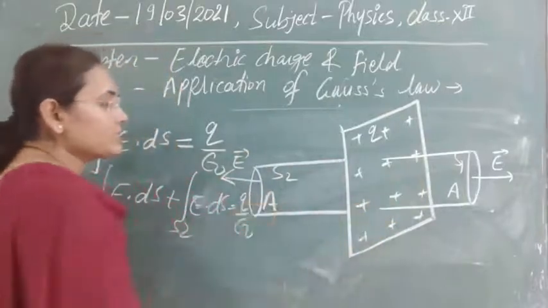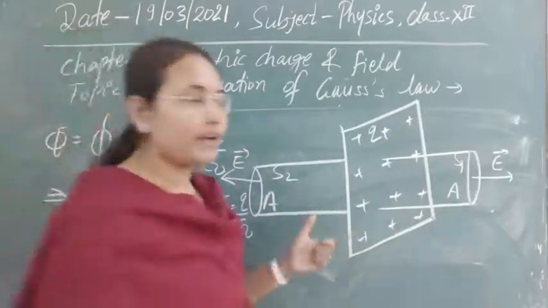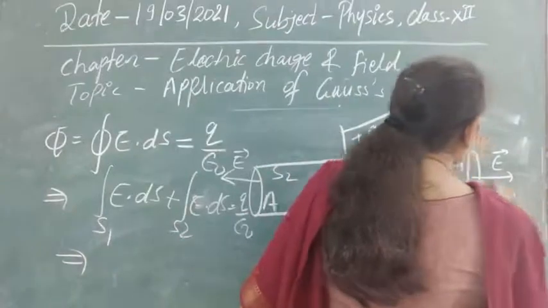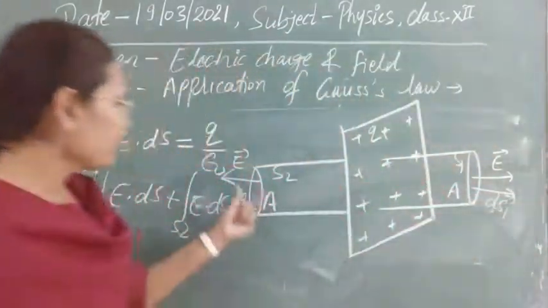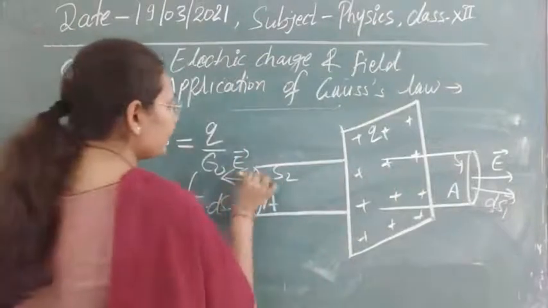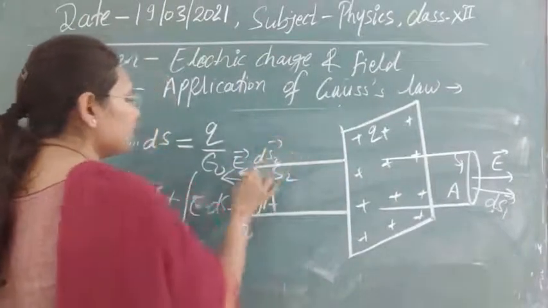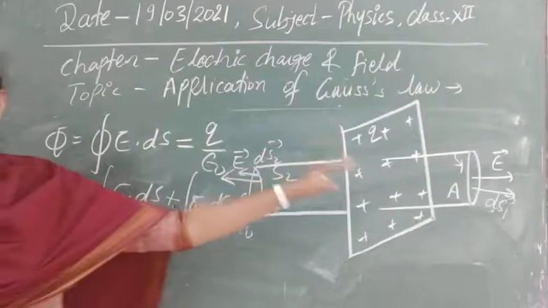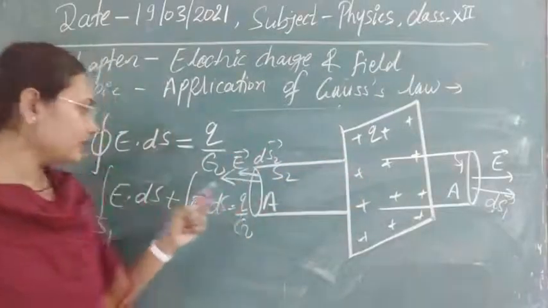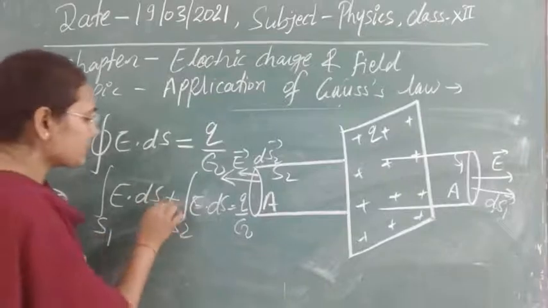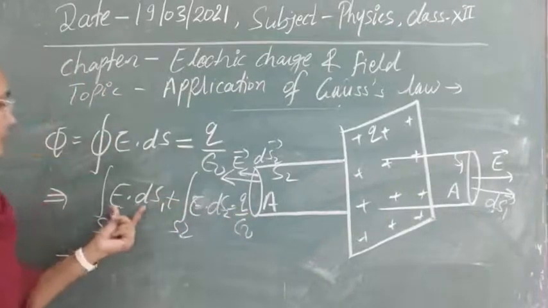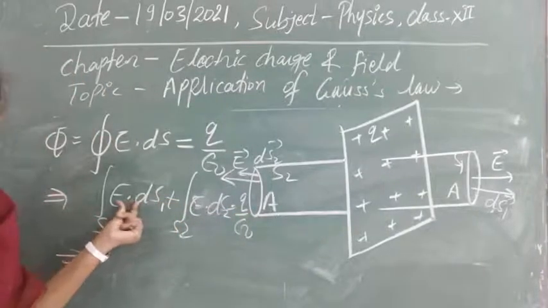And if you see the direction of the area vector in these cases, the direction of area vector ds1 will be in this direction, and the direction of area vector ds2 is in this direction. In both cases the direction of the field is along the area vector, so the angle between them, suppose this is ds1 and ds2 I have taken, is equal to 0.